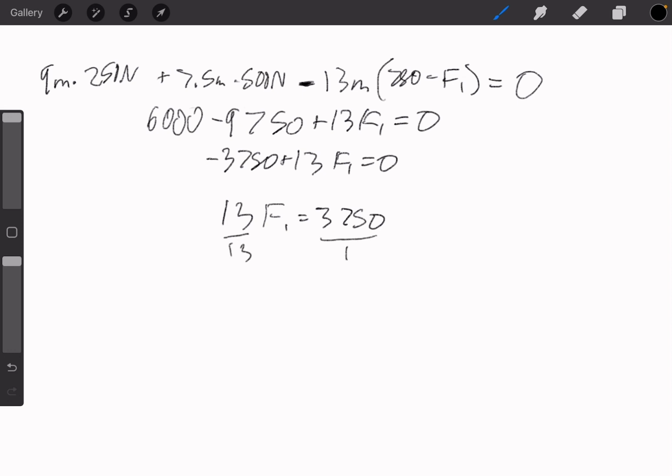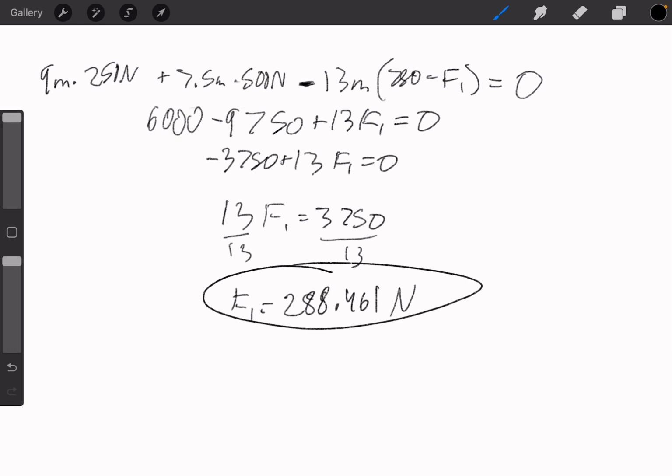Now this is just basic algebra. 13 F1 is equal to 3,750. So divide both sides by 13. You'll get f of 1 is equal to around 288.461 newtons.